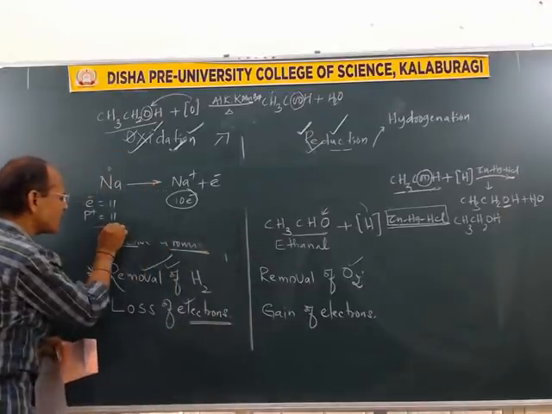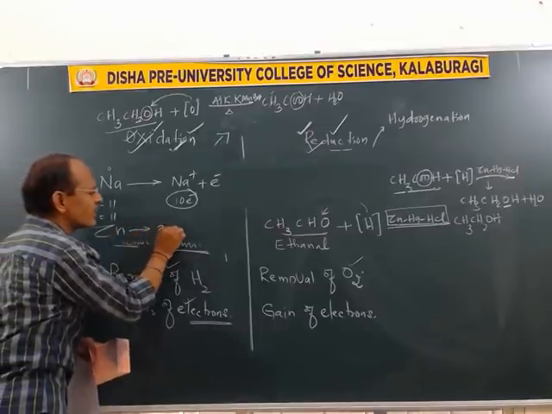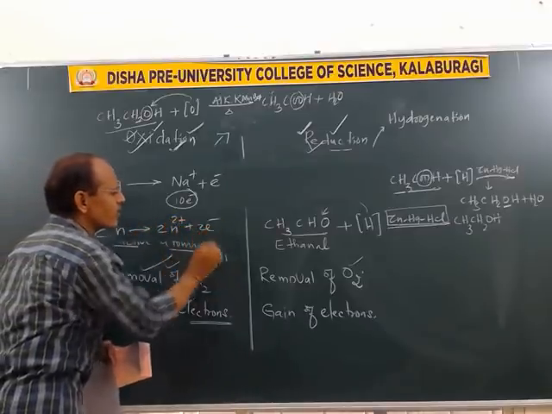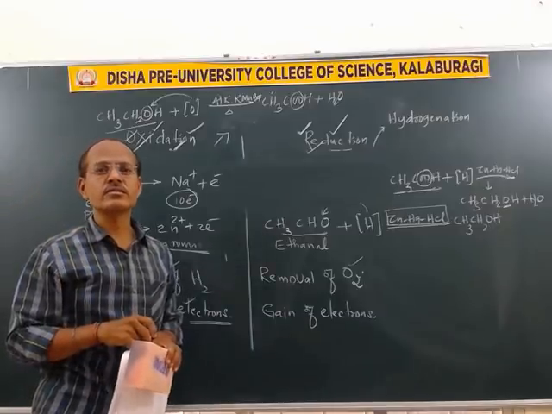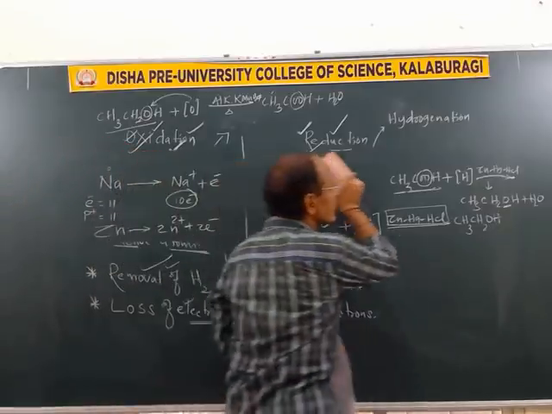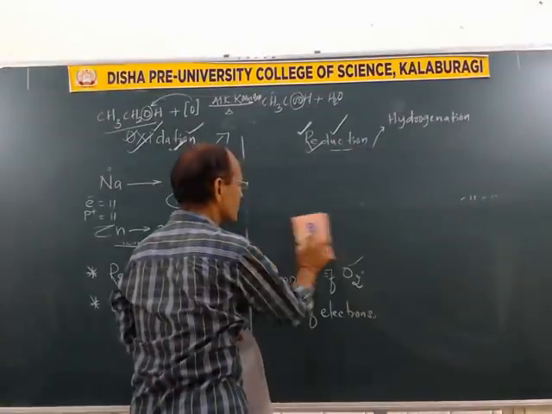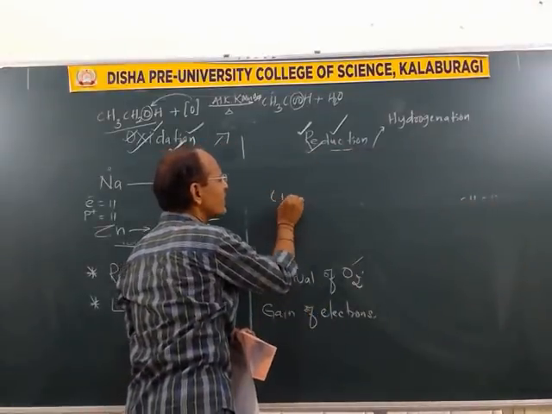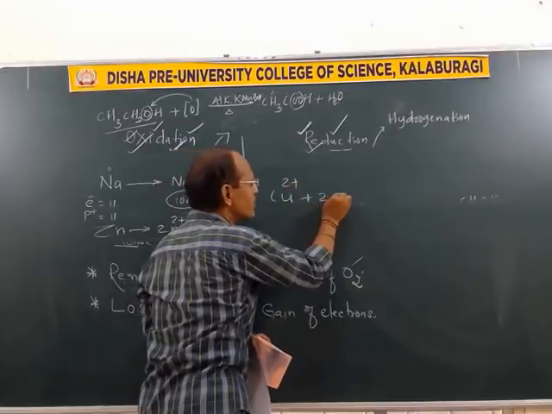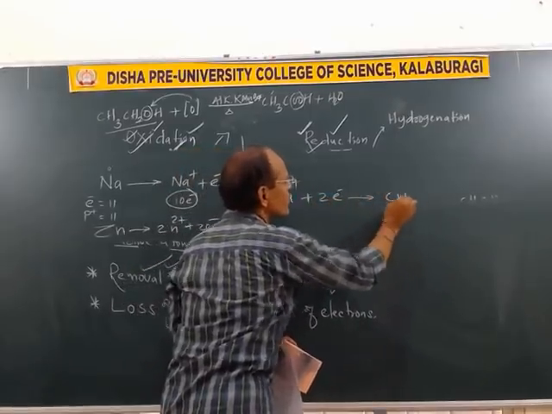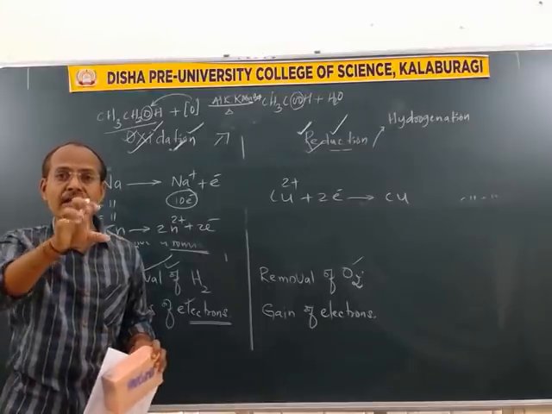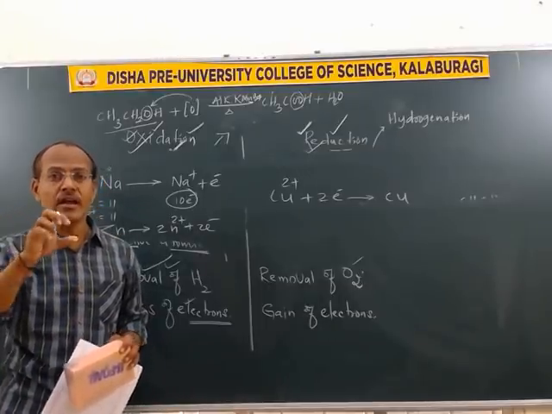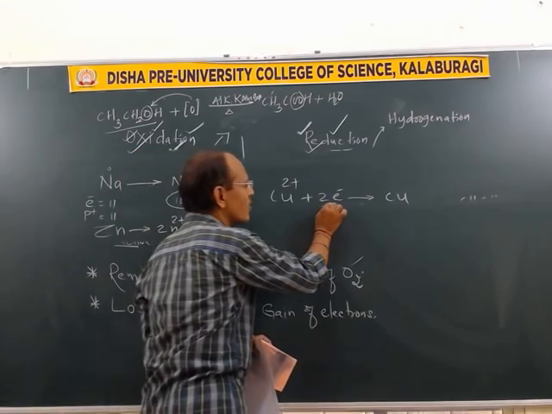Another example, you can take Zn gives rise to Zn2+ plus 2 electrons. Here zinc lost 2 electrons. Like that, if I write Cu2+ plus 2 electrons gives rise to Cu, here copper ions are accepting, gaining electrons.